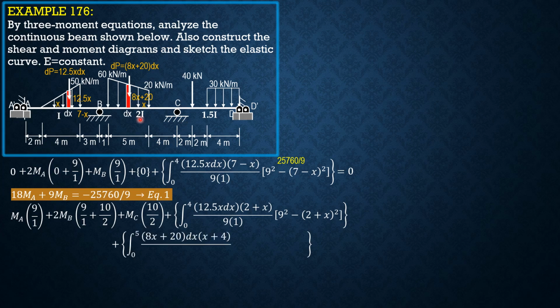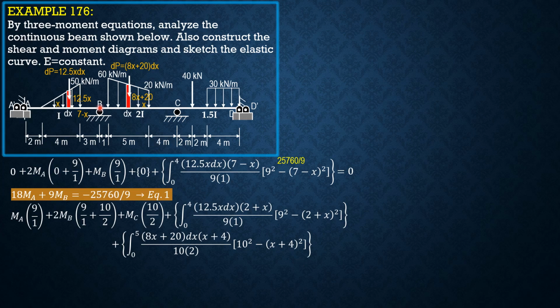Quantity 10 square minus quantity x plus 4 square, limits of x 0 to 5. Again, differential P times the distance of the centroid of the strip from C, which is x plus 4 all over L 10, moment of inertia 2, quantity L square minus B square. So B is x plus 4 square.